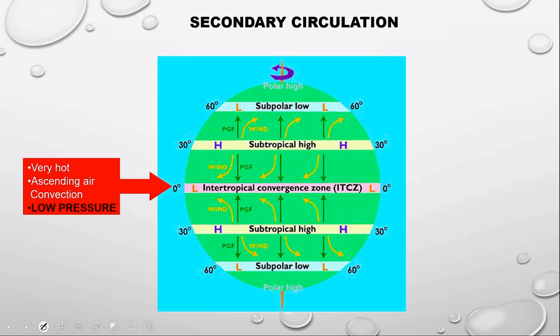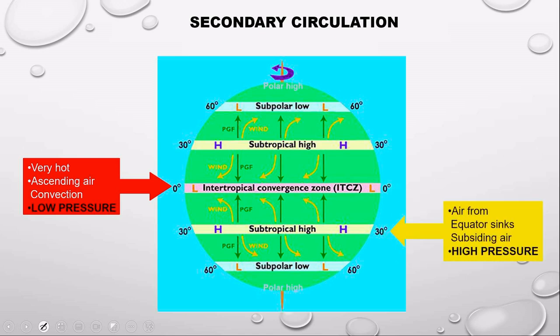And the air will be rising, which is ascending. And we call that convection currents. Convection rising. And again, low pressure is very specified because that is a defining moment. That is where you have thermal rising because of the great heat that you get there. Now let's look at the next one.